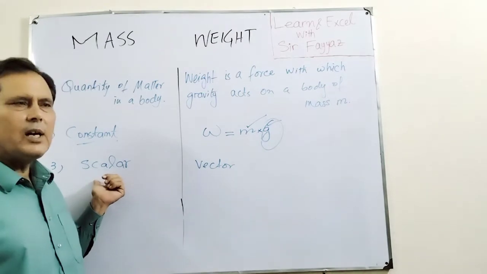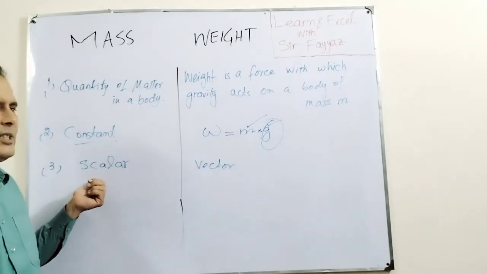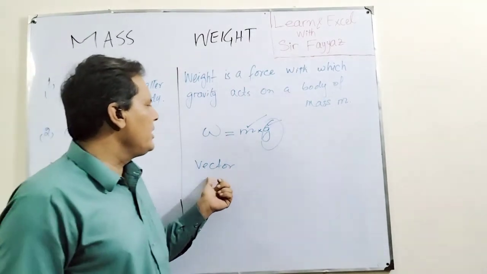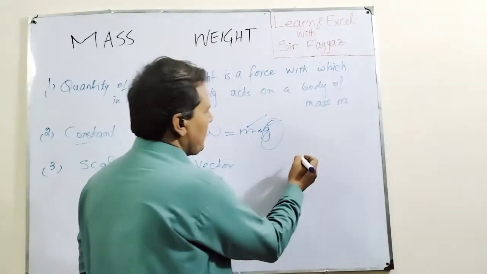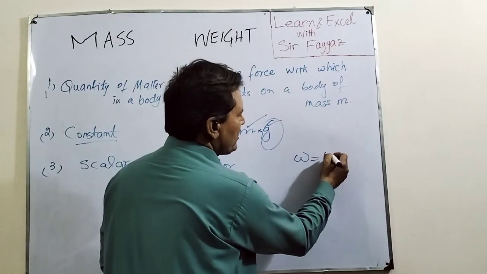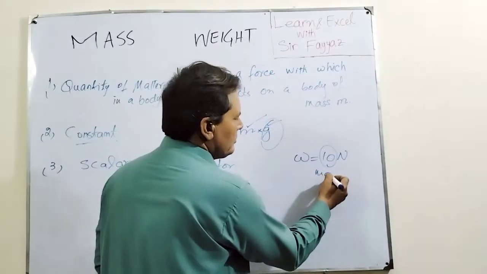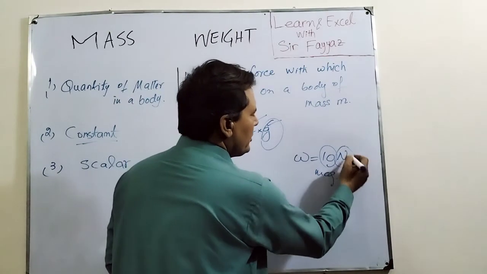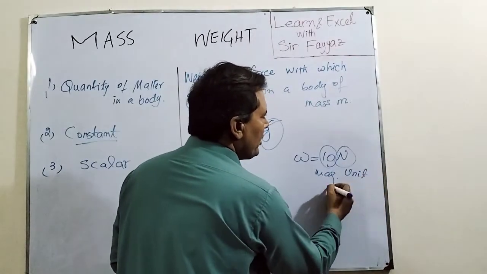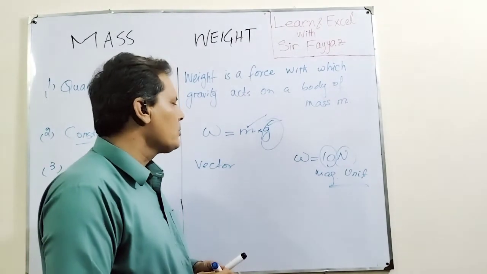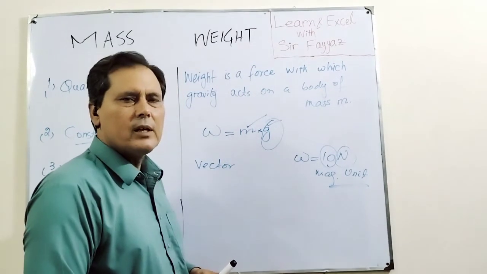For example, 5 kg: 5 is a magnitude and kg is a unit. While if I say the weight, that is force, if it is 10 Newton, this is magnitude, this is unit. Apart from these two things, we also need the direction. So the direction of this weight is towards the center of the earth.